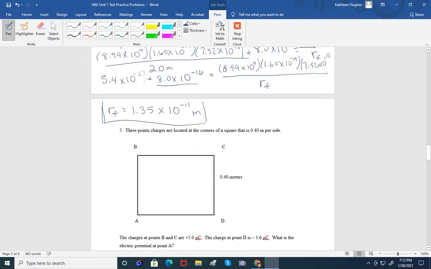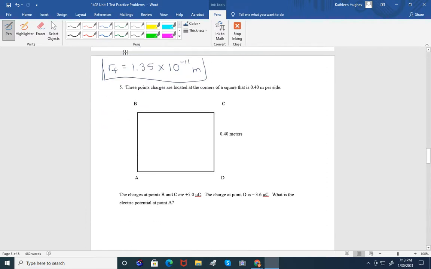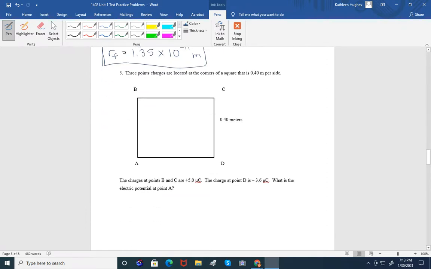Our next problem says 3 point charges are located at the corners of a square that is 0.40 meters per side. The charges at point B and C are positive 5 microcoulombs.